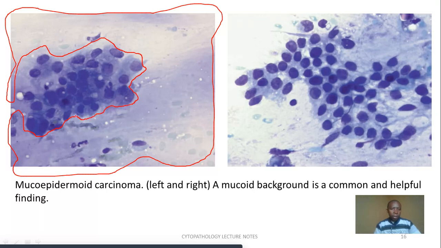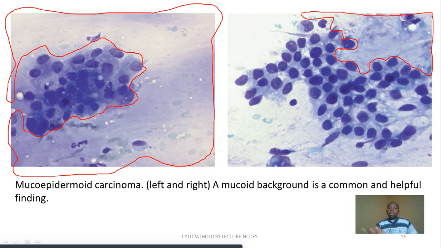We see a lot of mucus appearing. So all this background is mucoid. And when we come to this slide next, we have a lot of mucus depositions in the background of the slide. All over, we can all see all this.